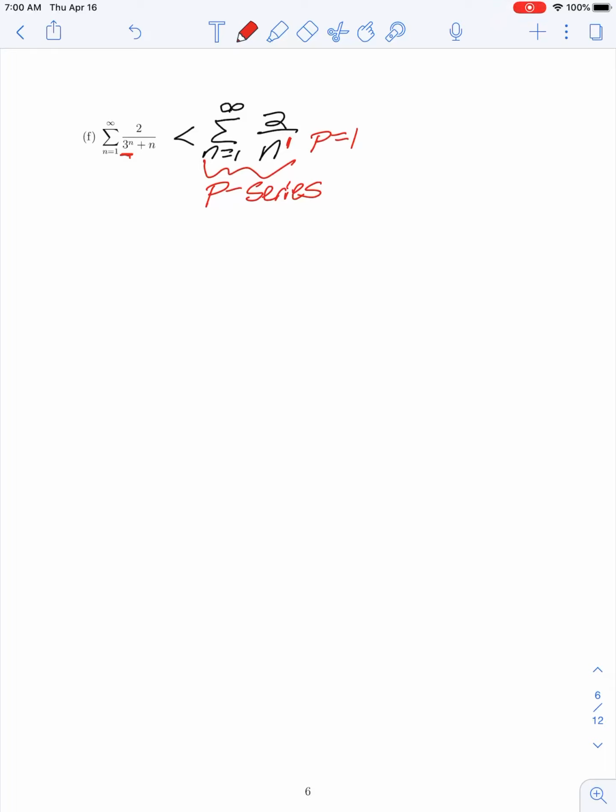So here, if the larger series diverges, then remember, I can't make any conclusion about the convergence or divergence of the smaller series. I would have to know that the larger series is converging.